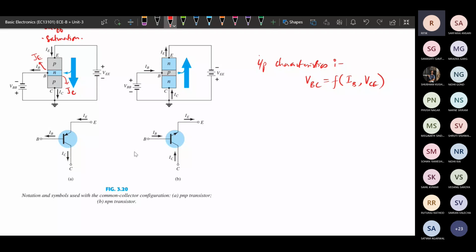So input characteristics will be with respect to this: we will be plotting IB, the input current, with respect to VBC, for a constant VCE. Okay, so for constant VCE we will be plotting the IB versus VBC curve.